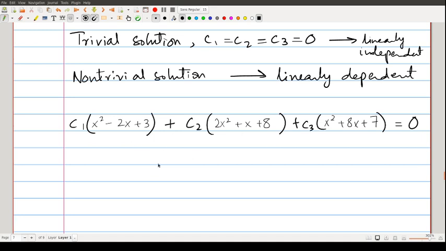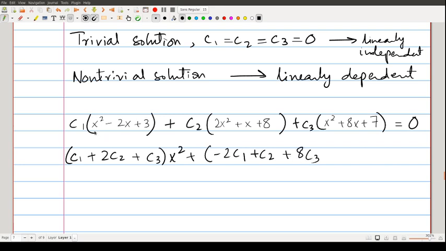Well, the first thing is, let's combine all of the like terms together in terms of the degree. So we'll have c1 plus 2c2 plus c3 times x squared. So I combined all the degree 2 terms. Then next I combine all the degree 1 terms, minus 2c1 plus c2 plus 8c3.